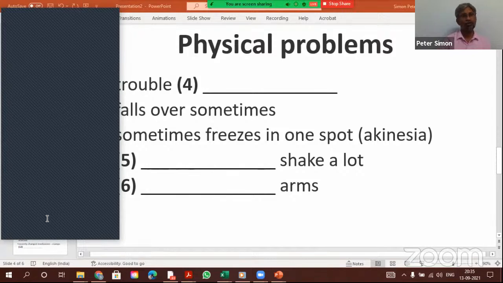Yes. So I see participation. Yes, next question number 5. So dash, shake a lot. Dash, shake a lot. So 7, 6, 5, 4, 3, 2, 1, and submit.